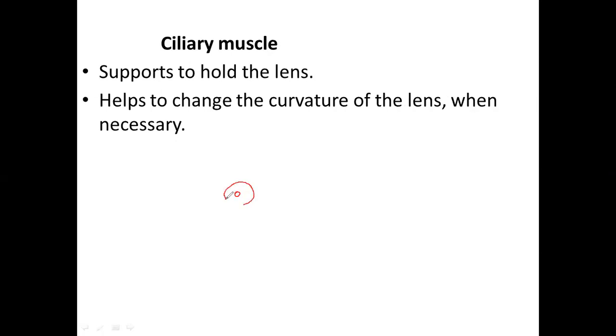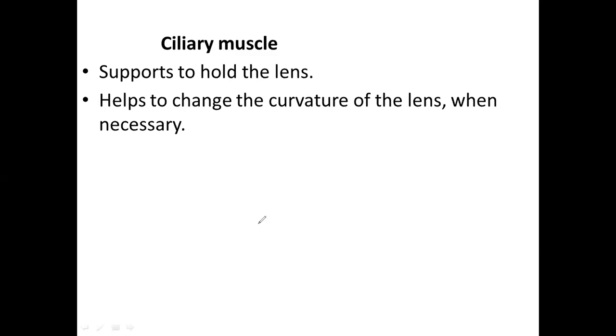Then when it is placed in a sharp light, the pupil becomes big like this. This size is controlled by the ciliary muscles, right? The middle hole becomes big or small, that is decided by the ciliary muscles, which hold the lens and help to change its curvature.